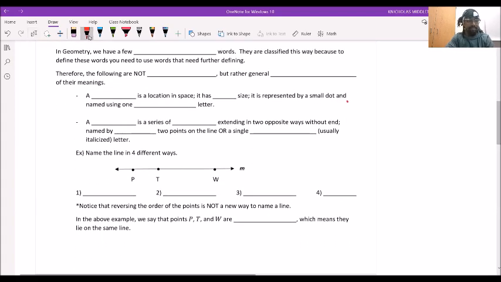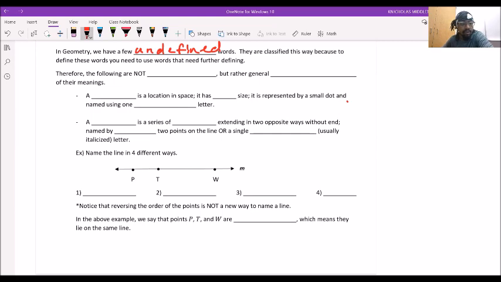With that said, in geometry, we will have a few undefined terms. When we say undefined, we don't mean that there's not a definition. We mean that we need further understanding in order to define them.